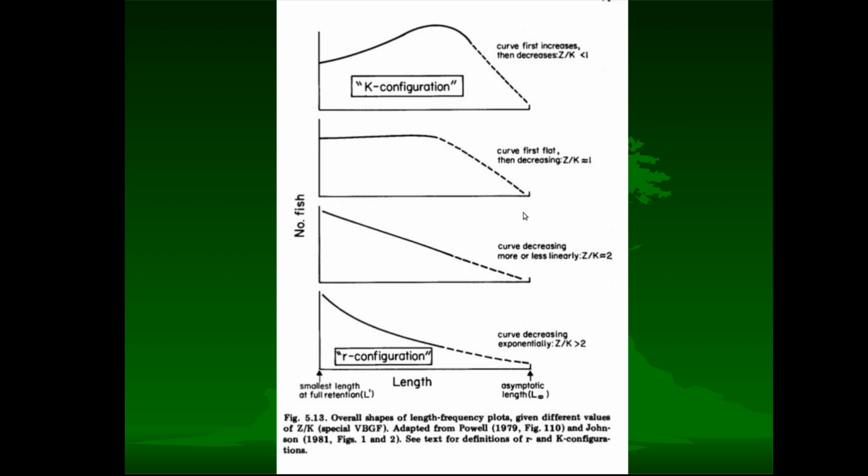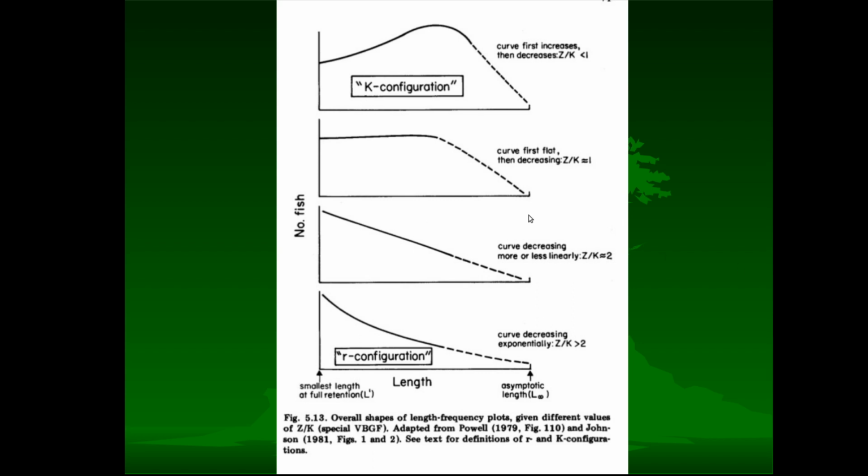If the mode of the size distribution is a large size, like up here, then Pauly proposes the species as a K-selected species. If the mode of the size distribution is a small size, down here, then he proposes the species as an r-selected species. This argument is based on the assumption that size distribution curves have essentially the same shape as life table survivorship curves, lx versus x.